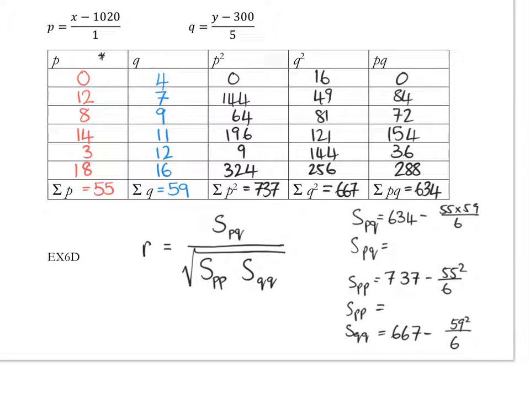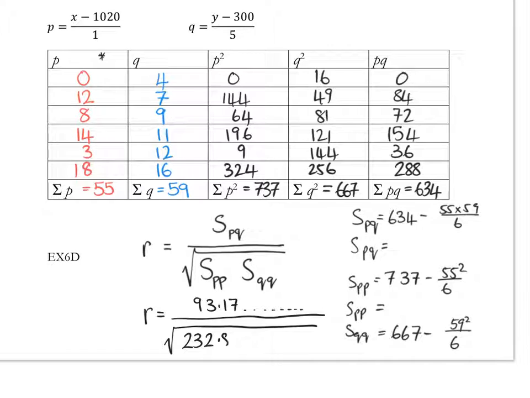Now working those out on your calculator, that would be 93.17. Now do not round, keep that on your calculator, really important. Never do any rounding until the very end. And then the last one is the square root of 232.83 multiplied by 86.83.